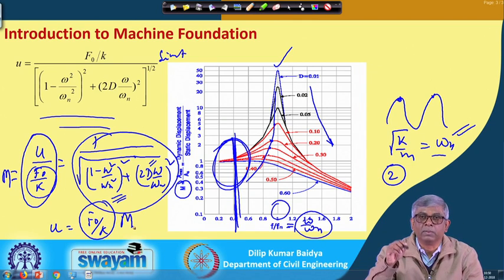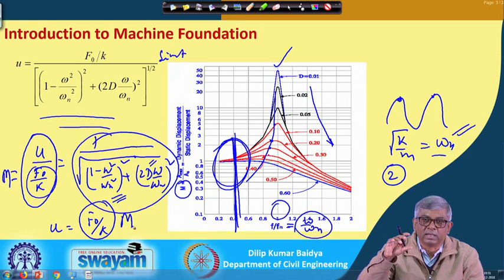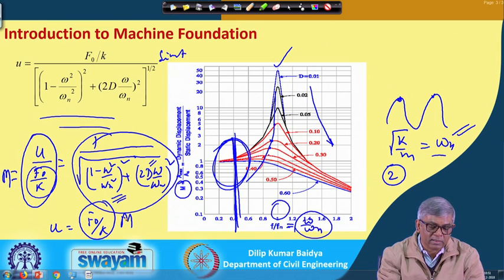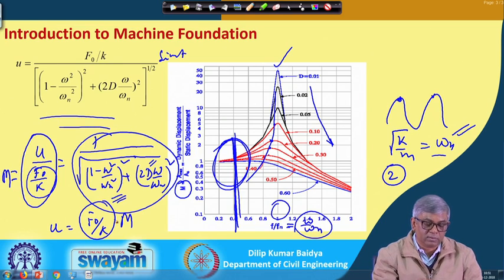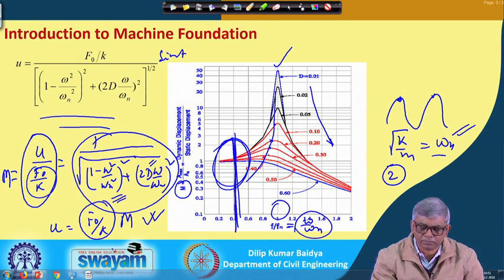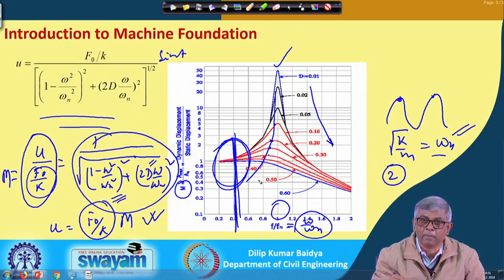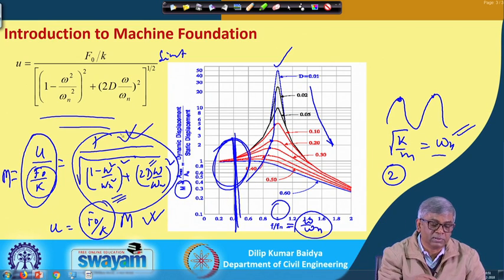Whatever constant force is there in the dynamic case, if you apply that constant force statically, the static displacement is nothing but F naught over k, and that F naught over k multiplied by the magnification factor becomes the amplitude for the dynamic condition. So, this is the way one can calculate. Similarly, for any damping value or any frequency ratio, one can find out the amplitude using this equation.